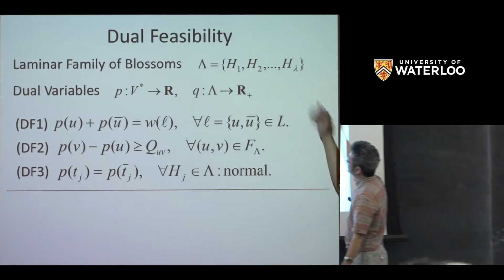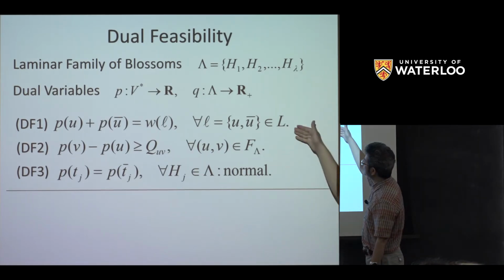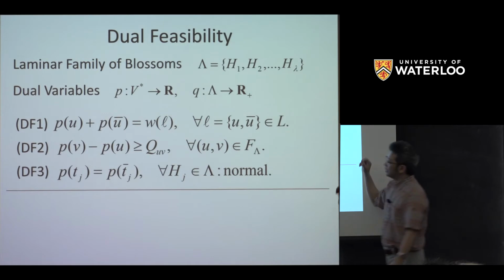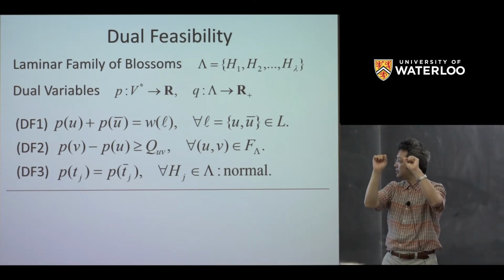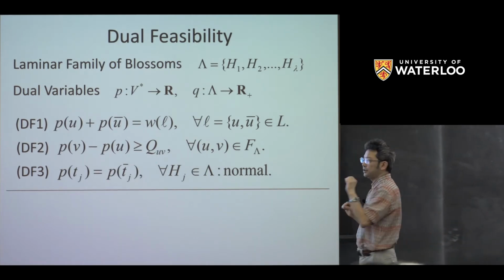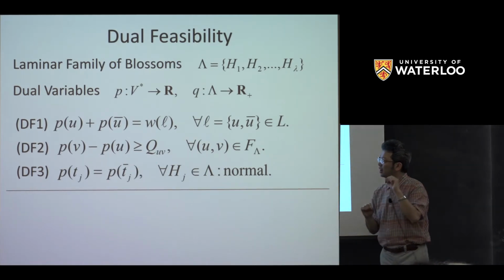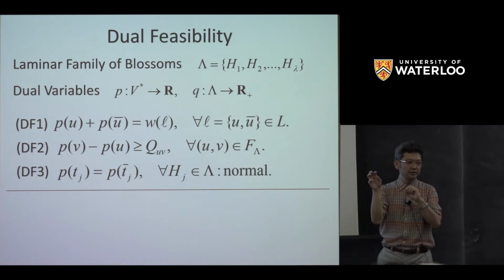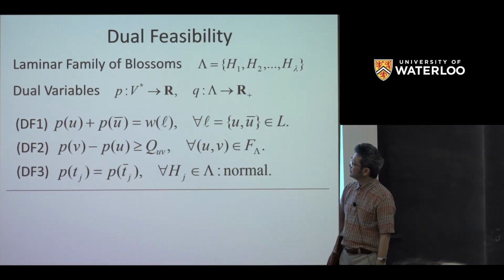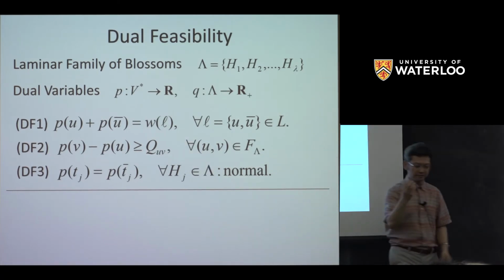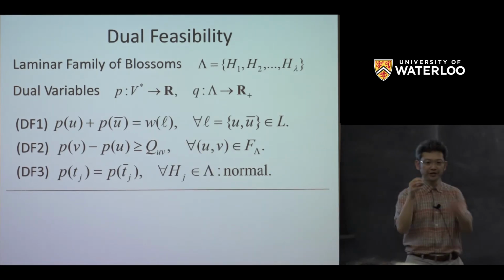Okay, so the first condition is that your dual potentials P of U and P of U bar, where U bar means the mate of U, correspond to the line. And so the sum is exactly a weight, so this gives you a weight splitting.